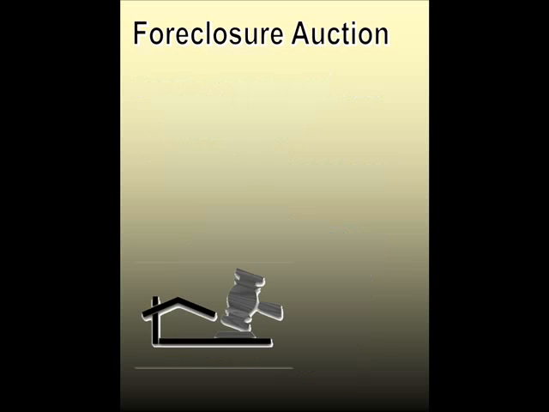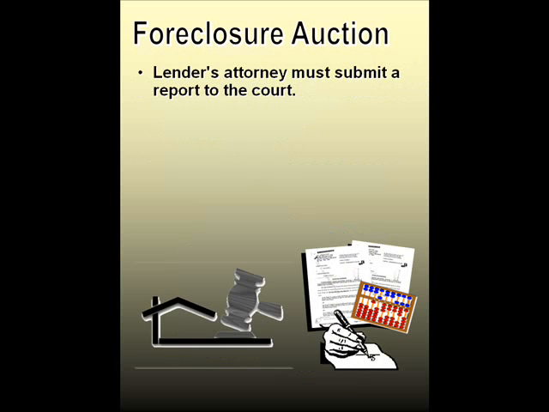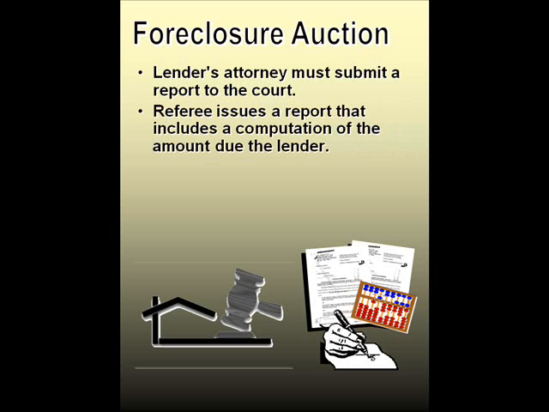Foreclosure auction. If the mortgagor does not respond to the summons and complaint issued by the lender, then the lender's attorney must submit a report to the court stating the facts of the case and requesting that the court appoint a referee, the attorney who ultimately conducts the foreclosure sale. The referee issues a report that includes a computation of the amount due to the lender.